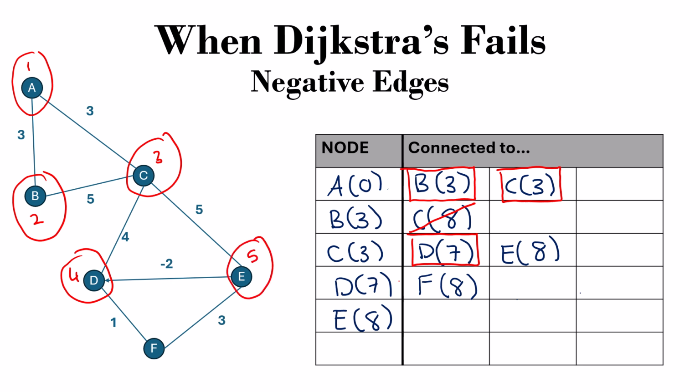The only one it can go to is F, which is an extra 3, which is 11, which we're not going to have. So our final answer is F, which is a distance of 8. If we look at that, this is our final one, F, and it came from D, so we connect here. D came from C, and C came from A, and that is my shortest path, which is 8.